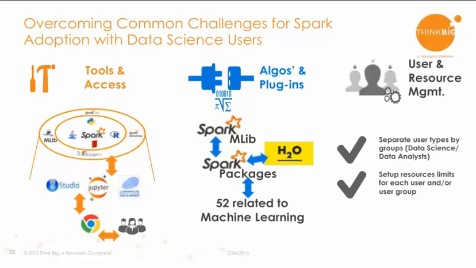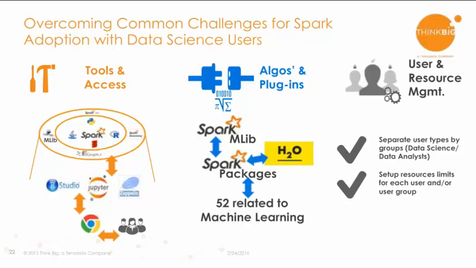So when they are using Spark, they can say, oh my God, that's very simple to use Spark to solve this specific business problem. I think this access and tooling will be very important to enable more organizations to adopt Spark at scale.